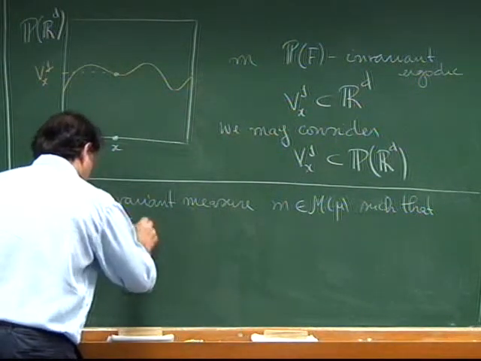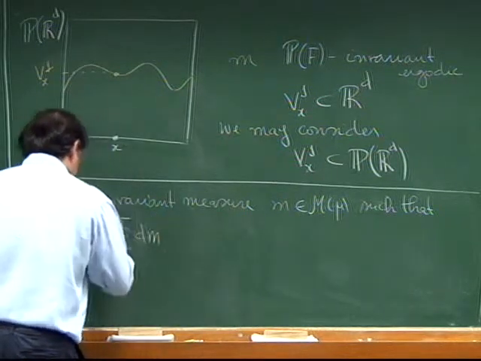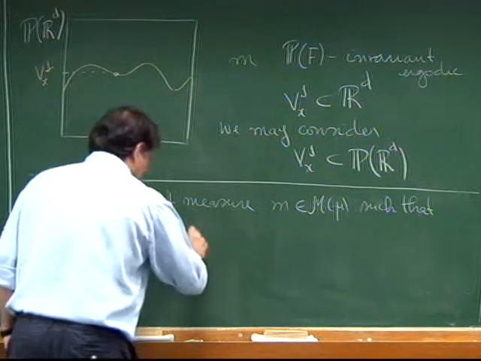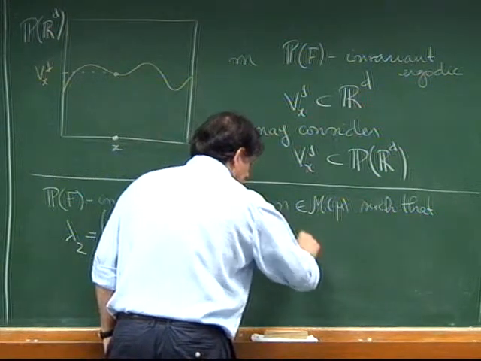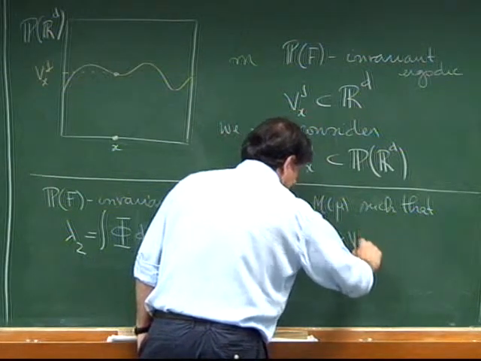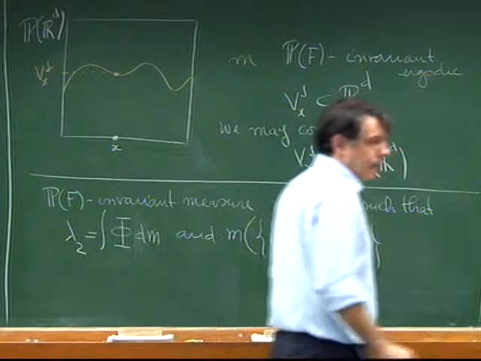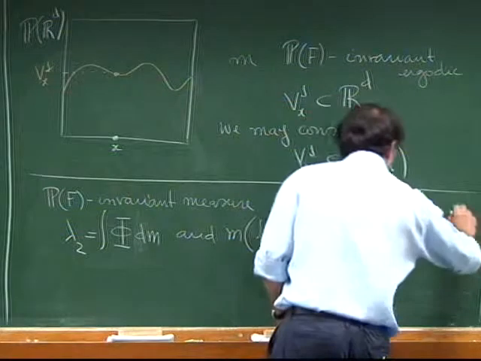The integral of phi is lambda 2, and this measure gives full weight to this set. Okay? So I want to exhibit such a measure in this simple situation. Which measure is that?